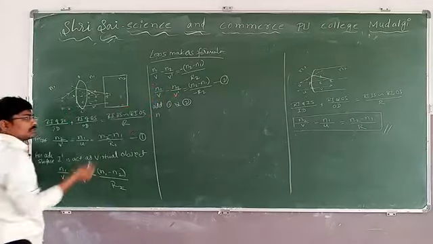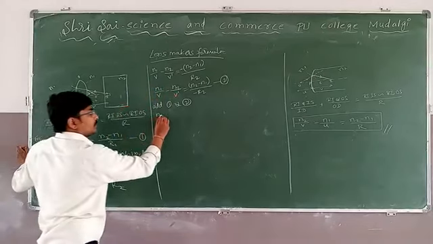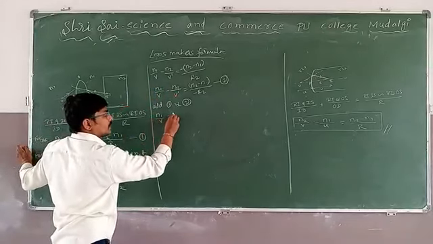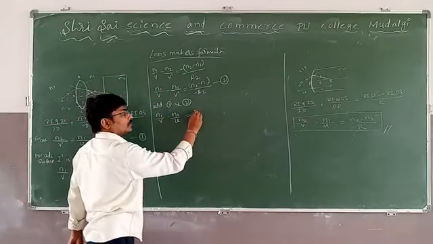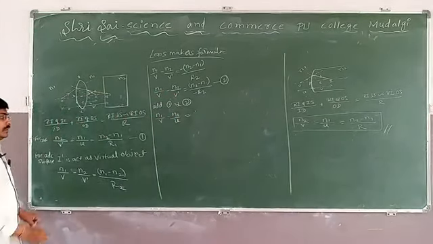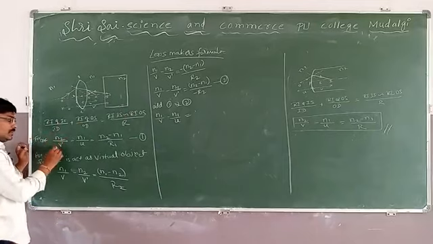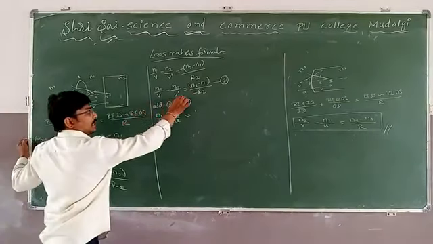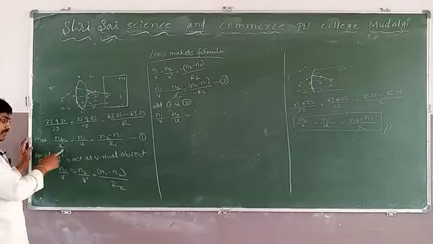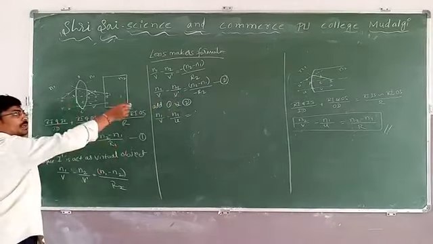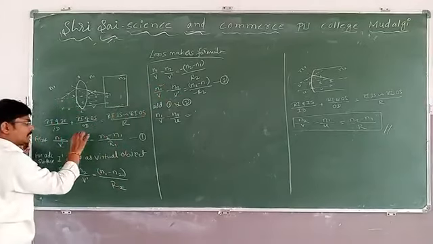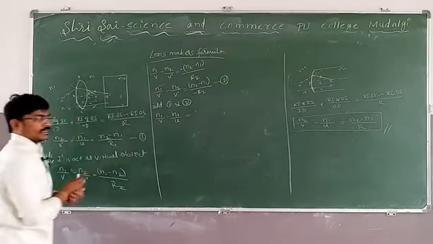This part cancels, and only n1 by v minus n1 by u remains. These two terms get cancelled, and only this one and this one remain.